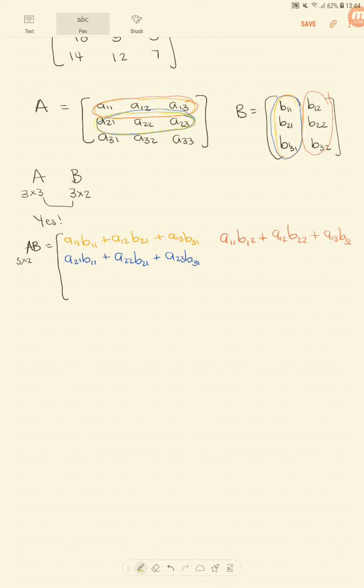Row 2, column 2 is A21 B12 plus A22 B22 plus A23 B32.